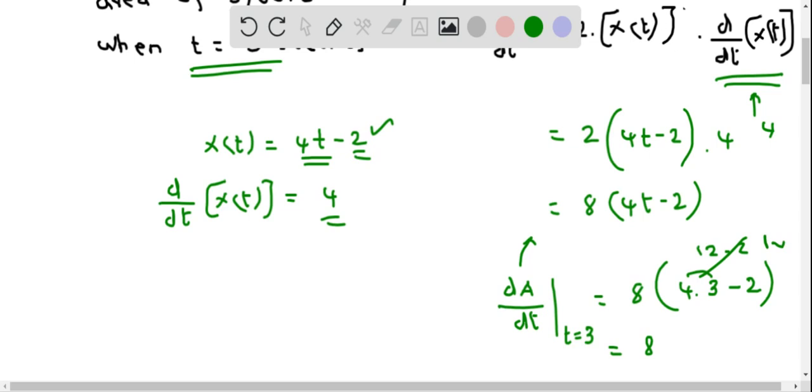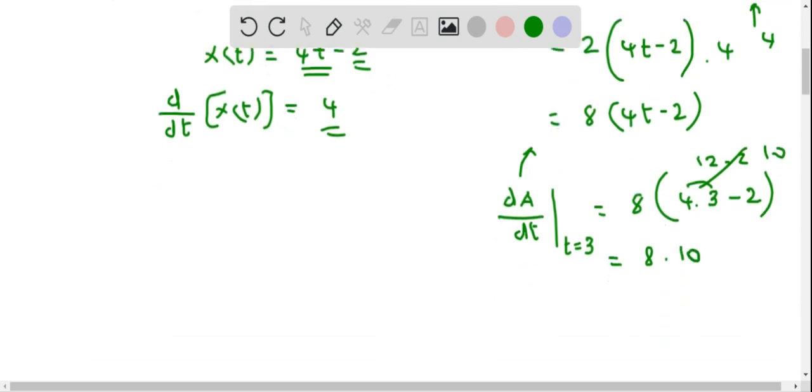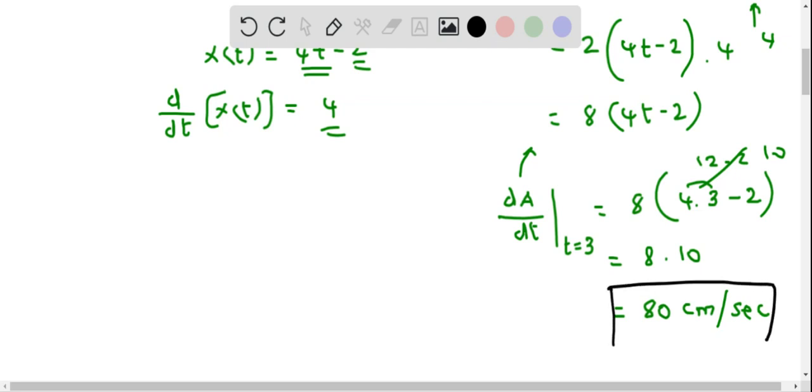So this quantity is 10, which becomes 8 times 10, and this equals 80. We then have to put the unit as centimeter per second. So this is the rate of change of area of the square when t equals 3 seconds, and this means option 3 is correct.